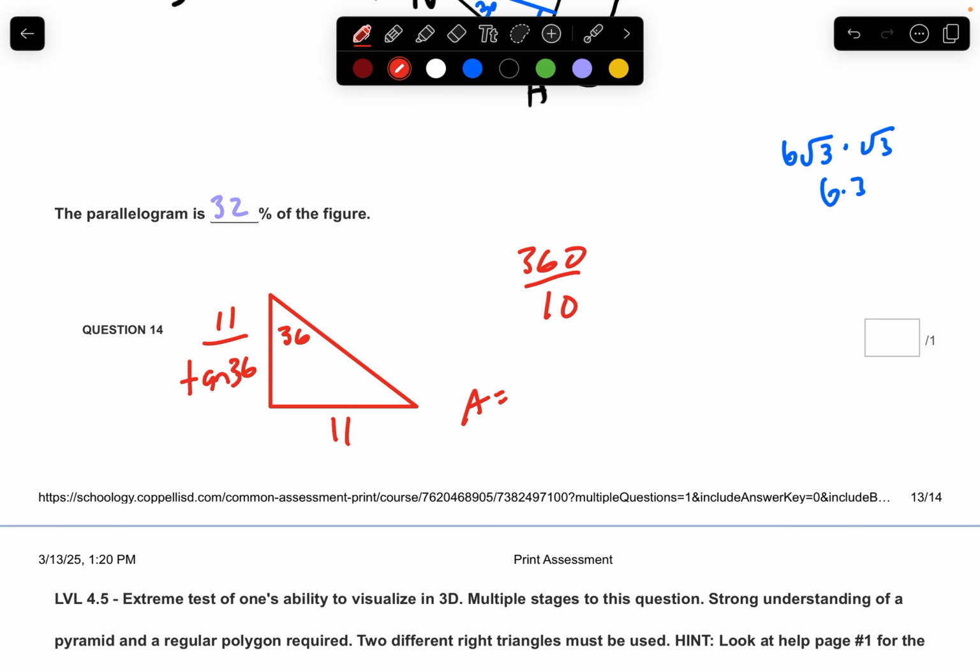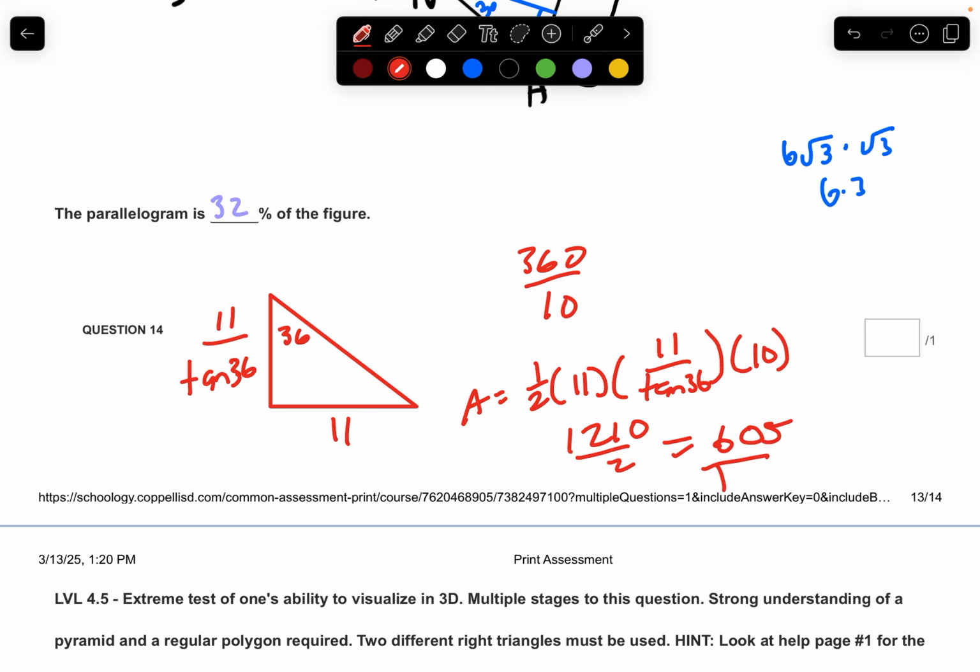So the area of the pentagon is 1/2 times base times height times 10 of them. So that would be 121 with a 0 divided by 2. Oh gosh, that'd be 605 over tan 36. Let me make sure. 11 times 11 times 10 divided by 2 is 605. Perfect. And don't forget it's over tan 36.